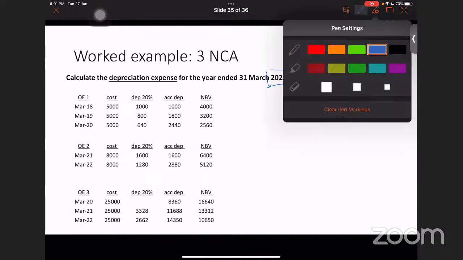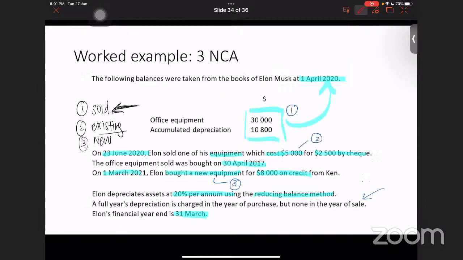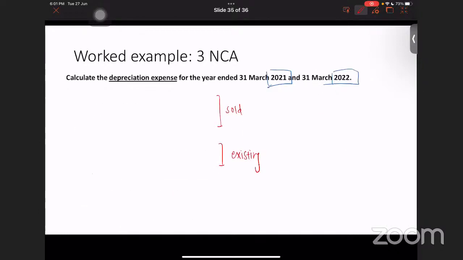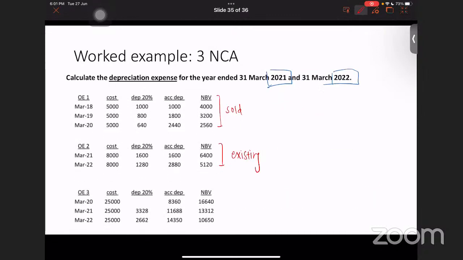Okay, let's break it down. This one will be the one that we sold. This will be our existing. Yes, the first one is the one we sold. Then this one is the new one, and this is the existing equipment.